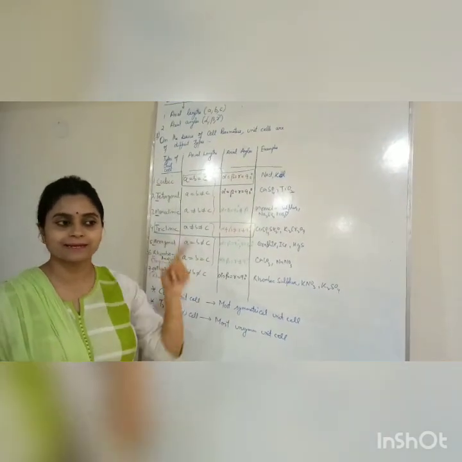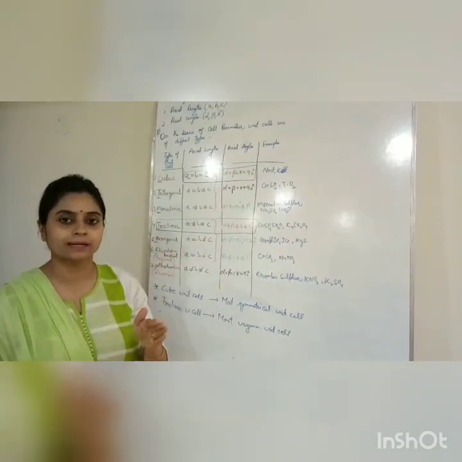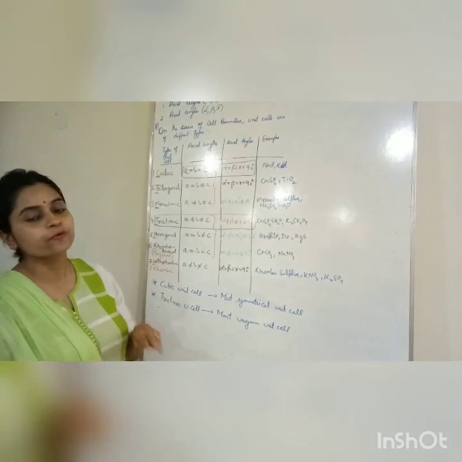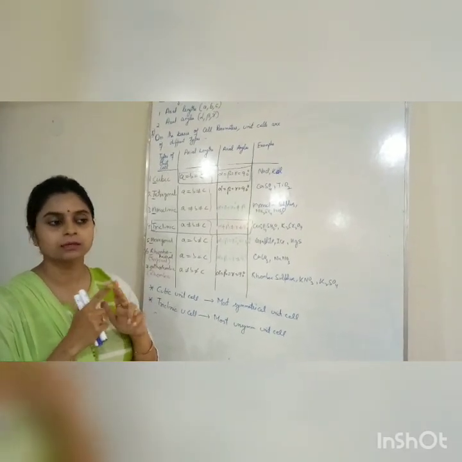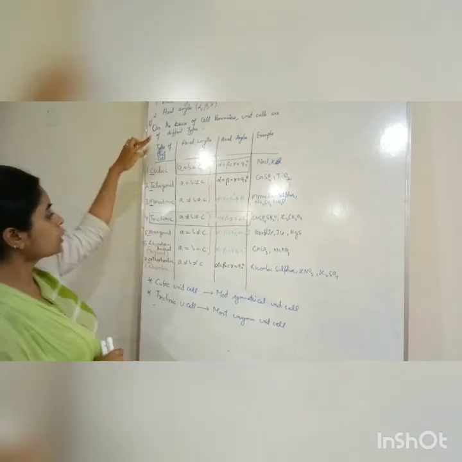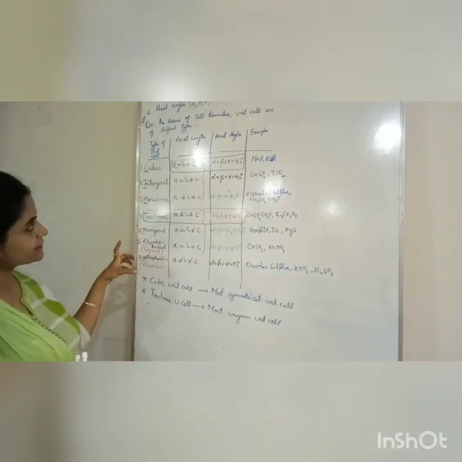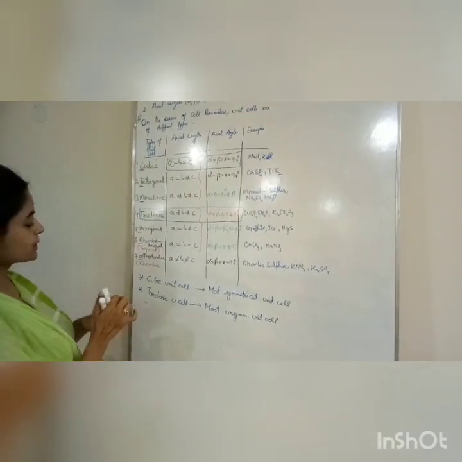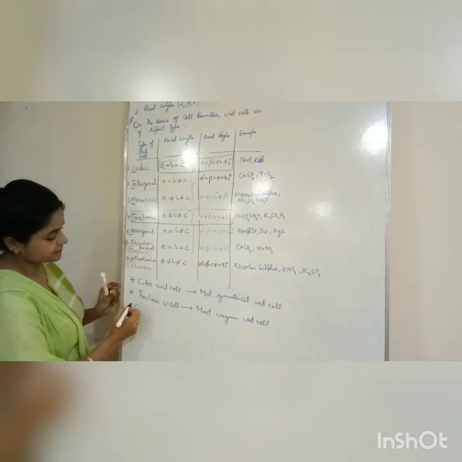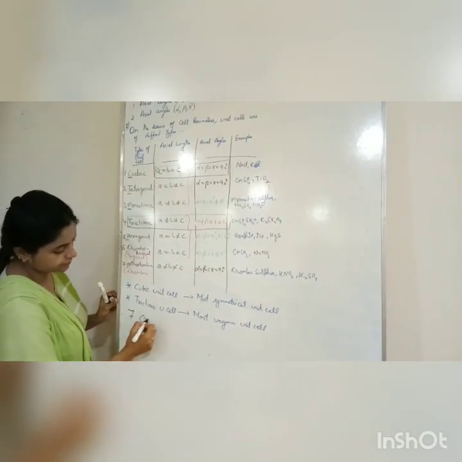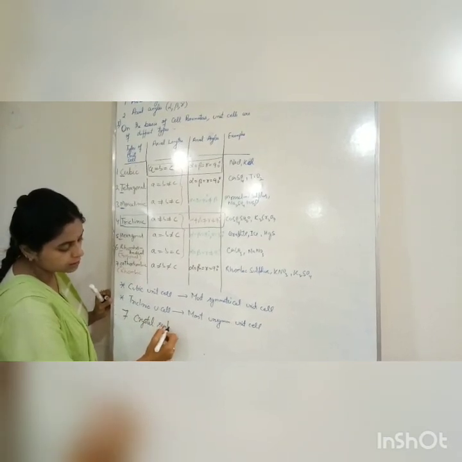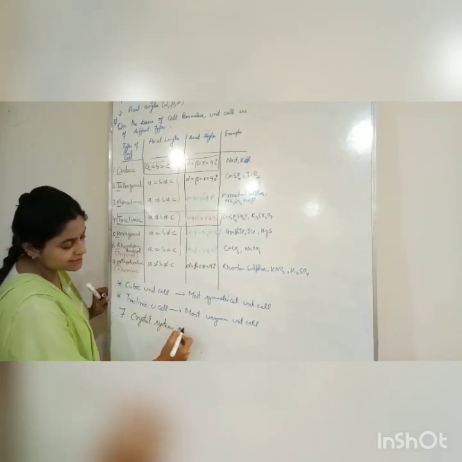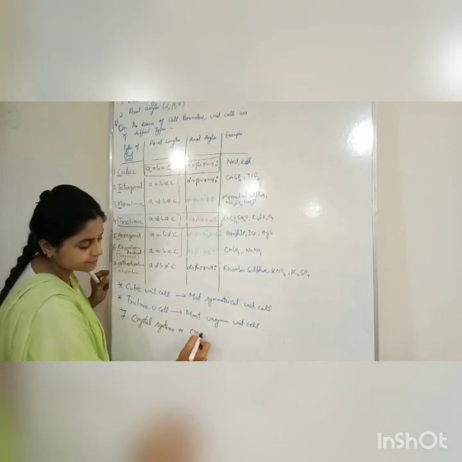On the first basis, that is the arrangement of atoms, unit cells are of four types: simple, then face centered, body centered and end centered. And on this basis we have 7 unit cells, which are sometimes also known as 7 crystal systems or 7 crystal habits.